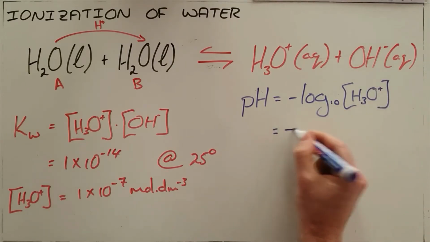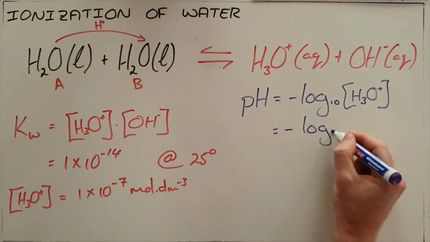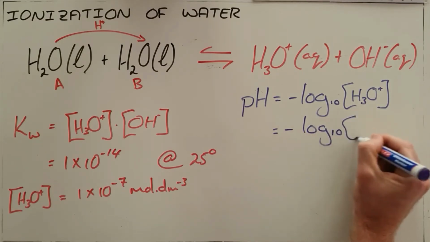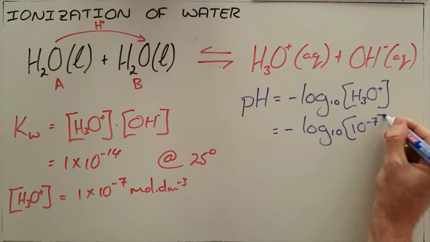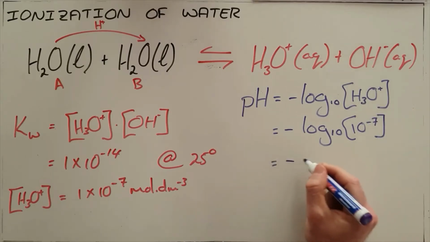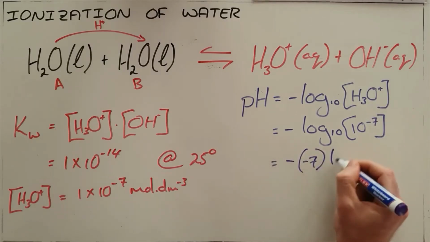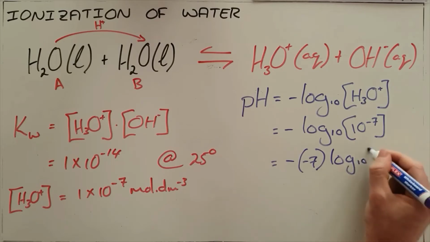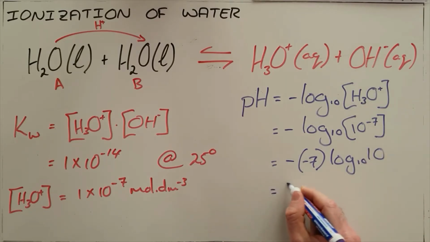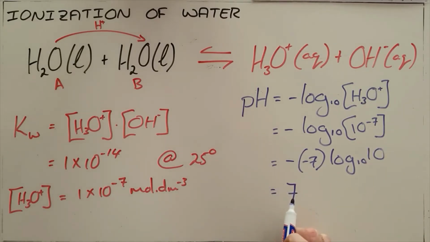And so what we can see here is that negative log base 10 of 10 to the power of minus 7 can be simplified as negative 7 log base 10 of 10. So what this tells us is that the pH of water is 7, which we can define as our neutral point on our pH scale.